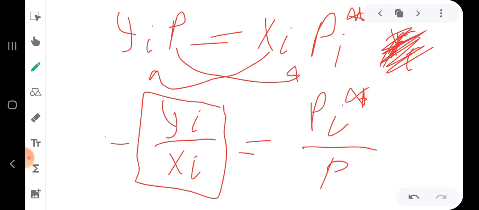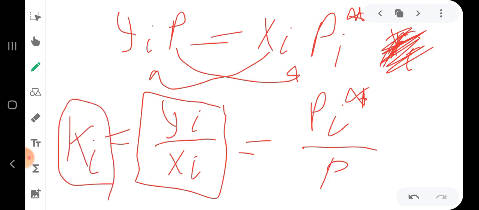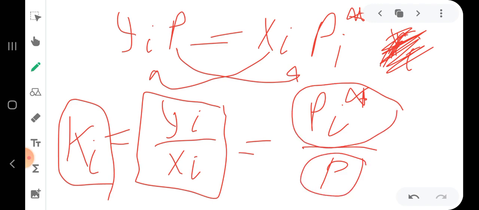Okay, so you may not be given the Ki, but if you are given the saturated pressure and the total pressure, you can divide them and get the Ki.